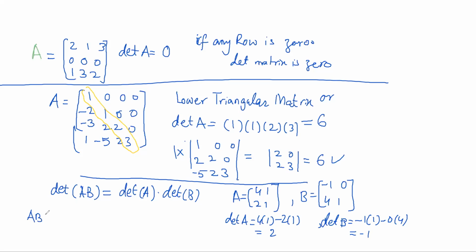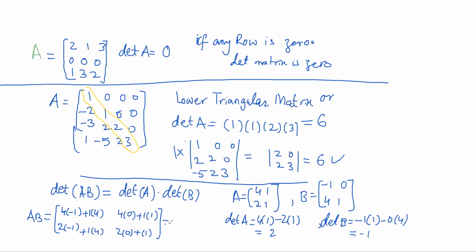So what will be the determinant of AB? For this we need to find AB first. AB will be 4 into minus 1 plus 1 into 4, then 4 into 0 plus 1 into 1, and then 2 into minus 1 plus 1 into 4, and then 2 into 0 plus 1 into 1.